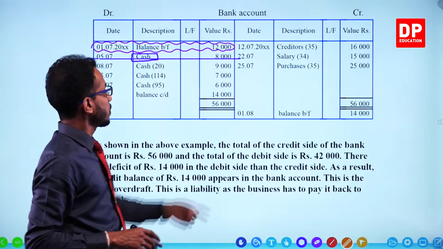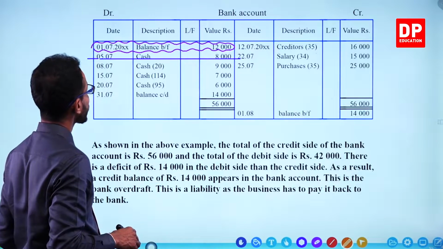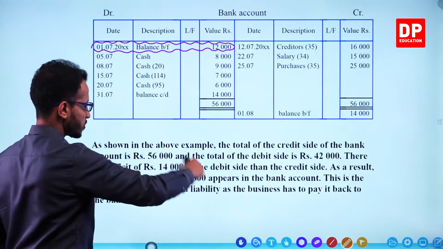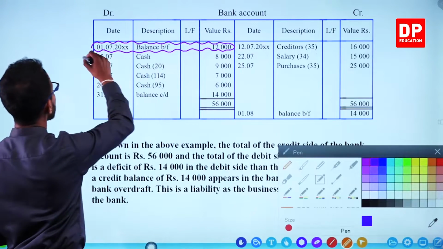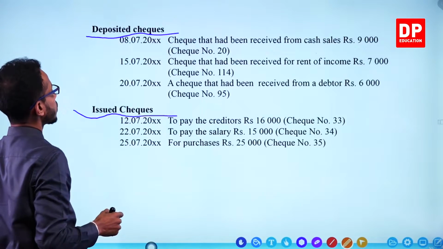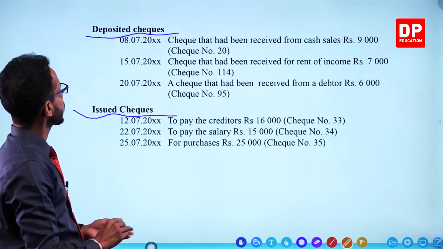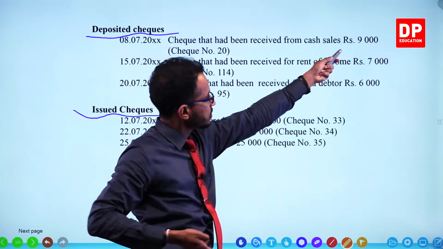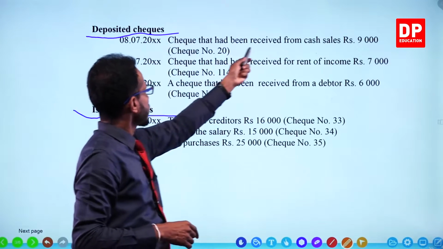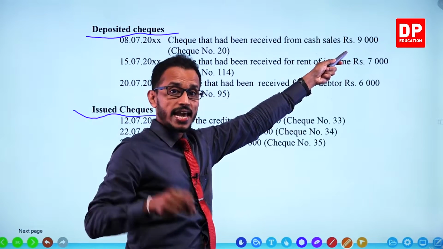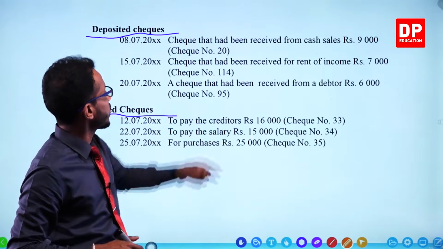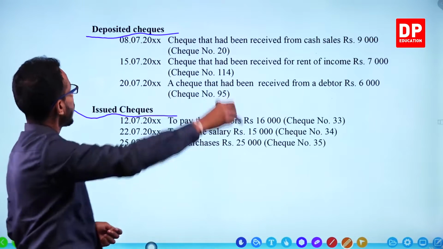Bank is debited. Right? Moving on. This entry is done. Next entry, deposited checks. A check that had been received from cash sales 9,000. For a cash sale, a check of 9,000 has been received. Check number 20. Okay.